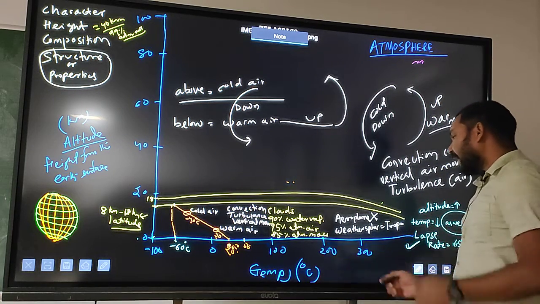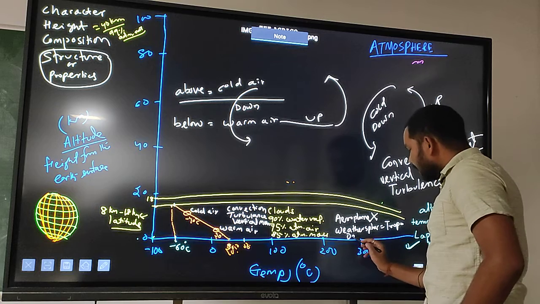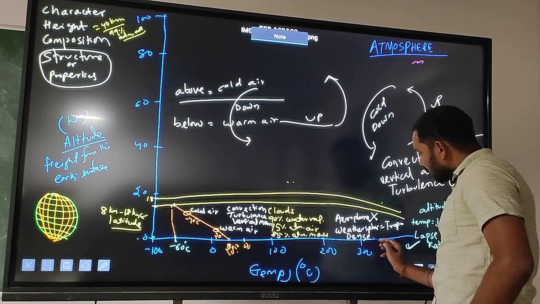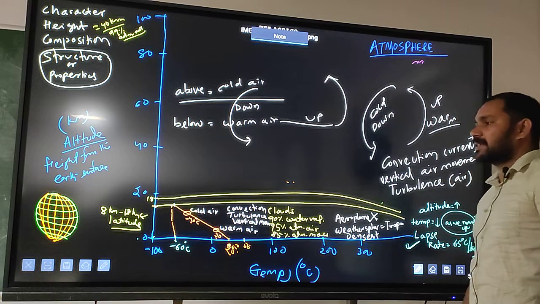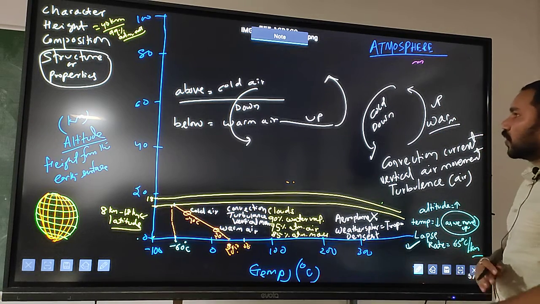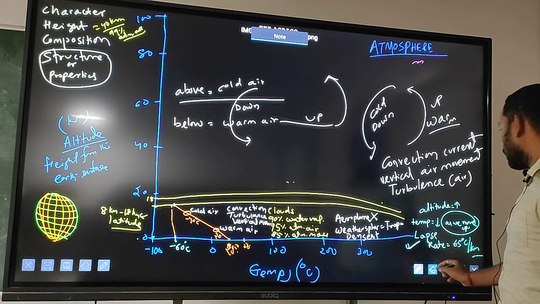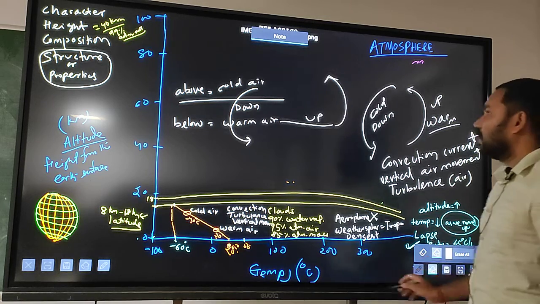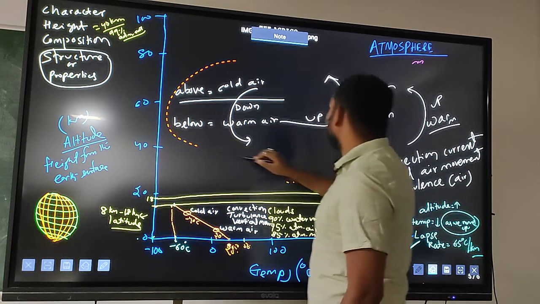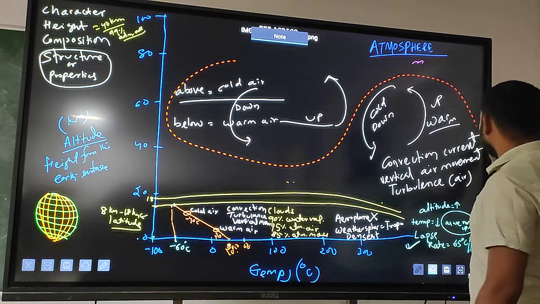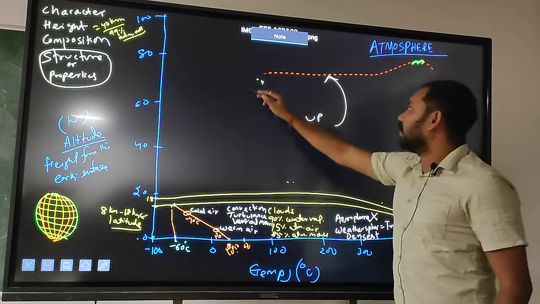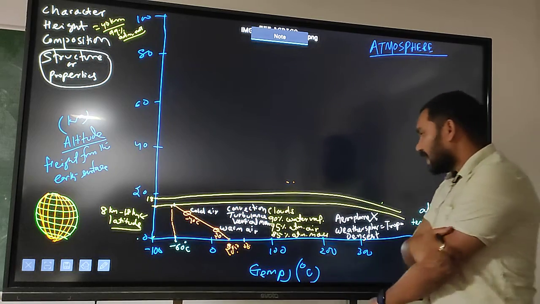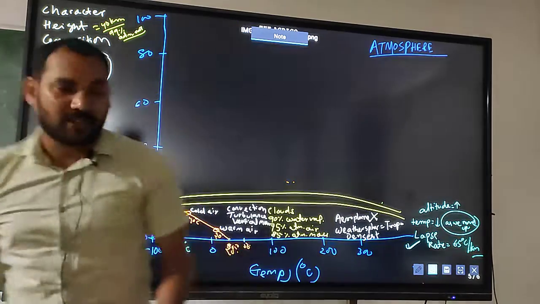Okay, and I can say this is the densest, as 85% of the atmospheric mass is there. So this is the densest zone of the atmosphere. Okay, so this is the basic concept of the troposphere.